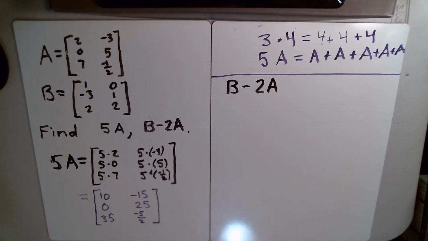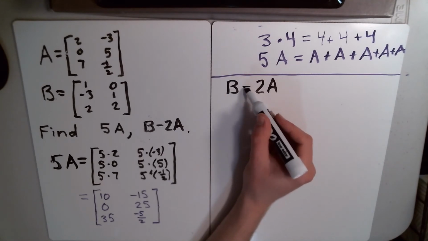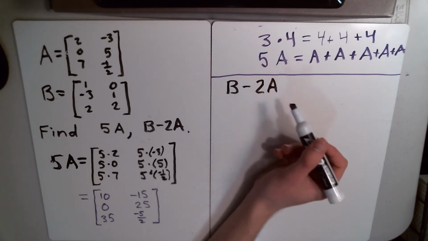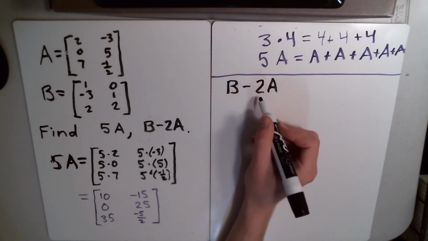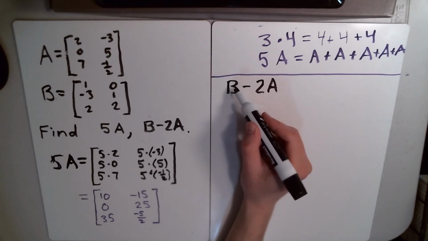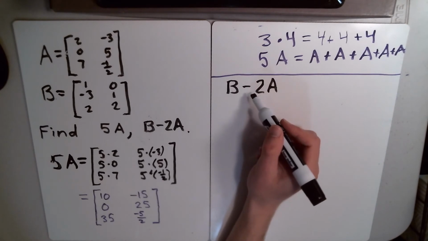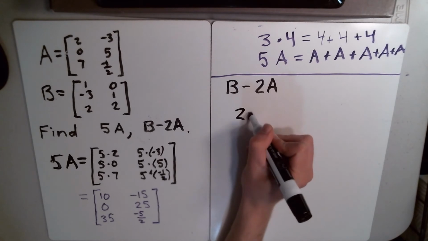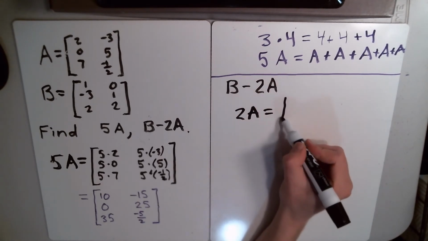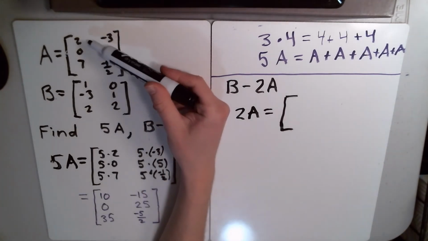What I would recommend when you have multiple things going on, here a subtraction and a scalar multiple, is to remember that you have to do multiplication before addition or subtraction. That's just order of operations. So I'm going to do 2 times A first and figure out what that is.